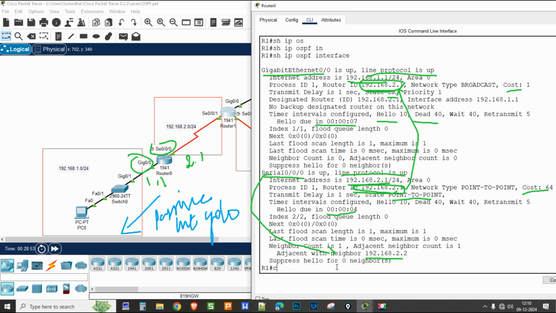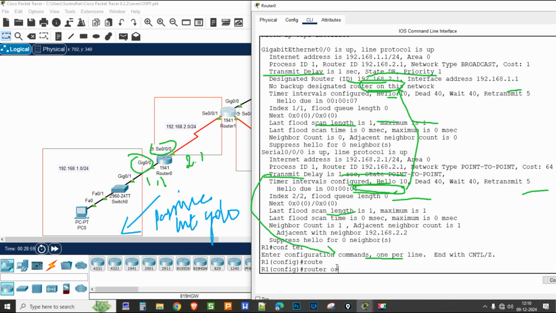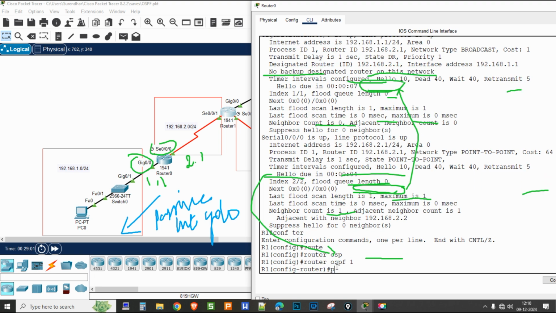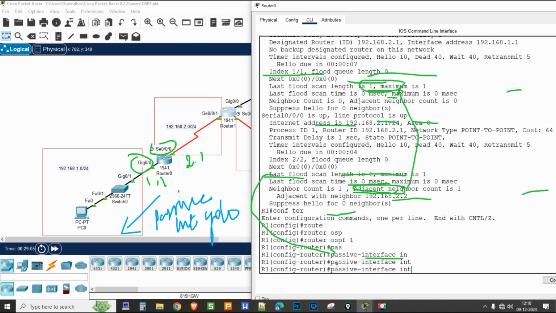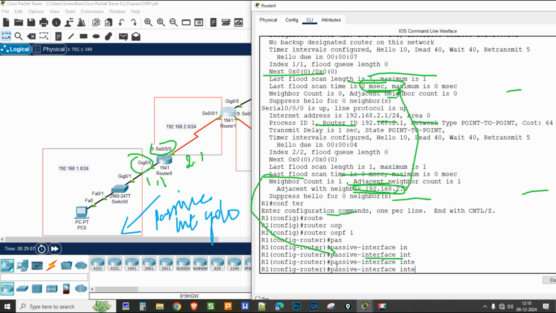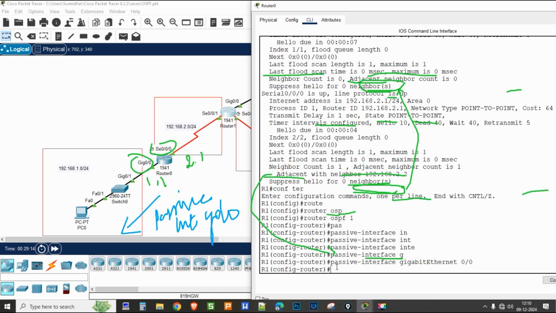You can go to the configuration. Router OSPF. Likewise, we configured passive interface 0/0, just as we configured in Routing Information Protocol. It can stop the routing information. You can see previously it had the hello time for that interface.